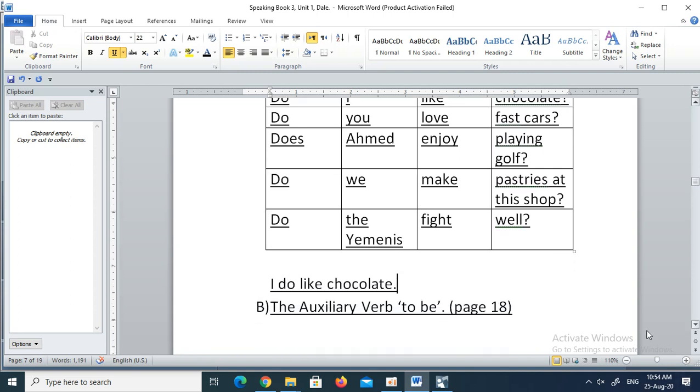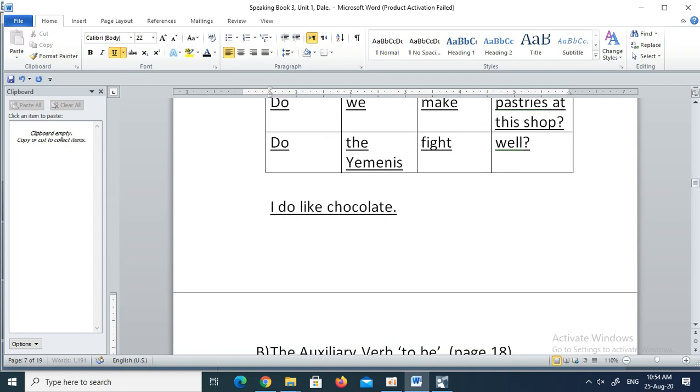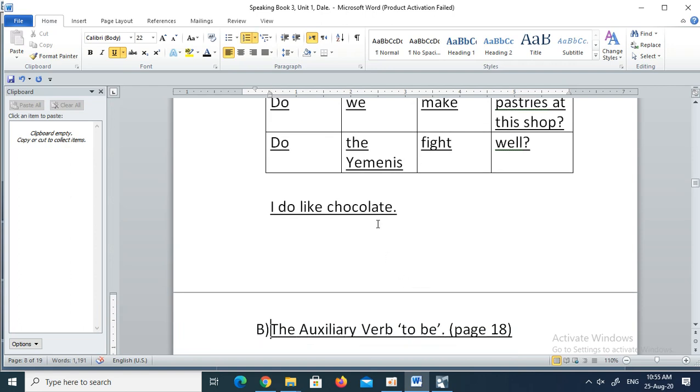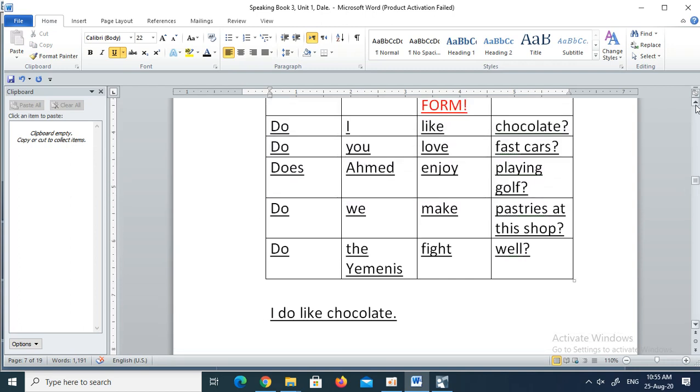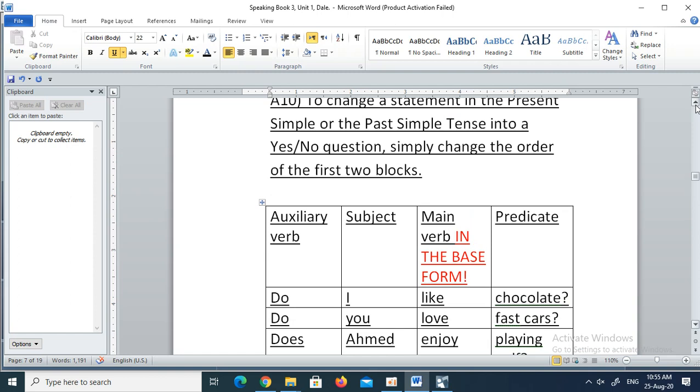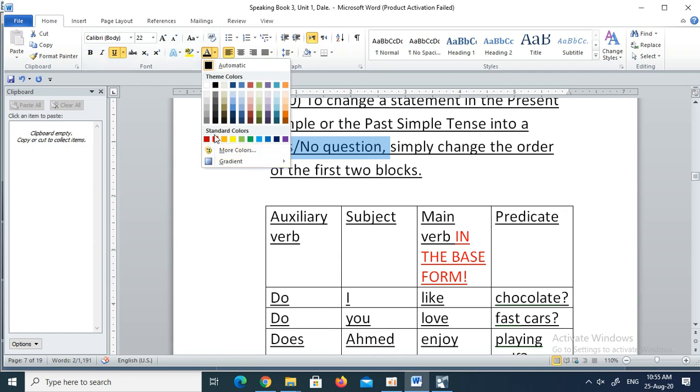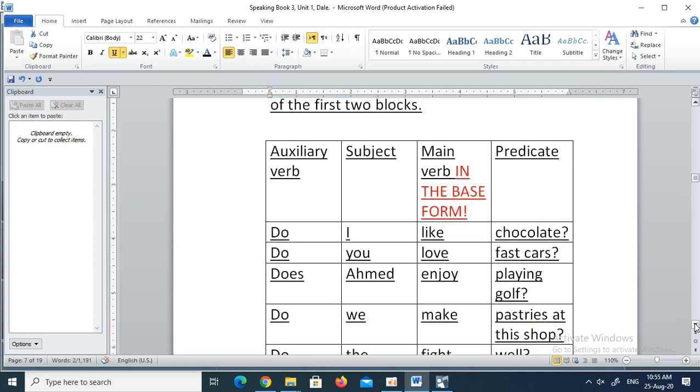All we did is that we took the first word I and we put it second. We put the second word do in front, and now it has gone from being a statement to a question. By changing the word order, we make it a question. So the question then becomes, do I like chocolate?